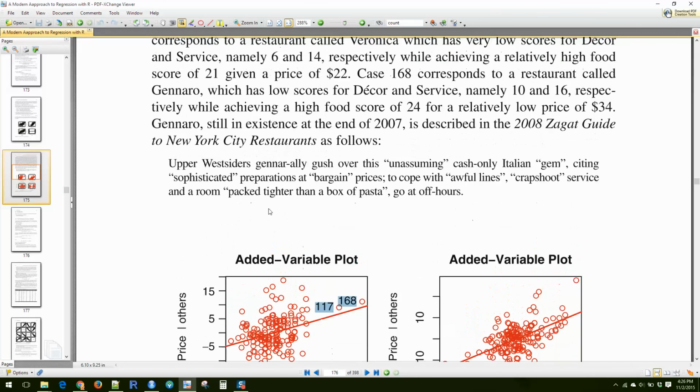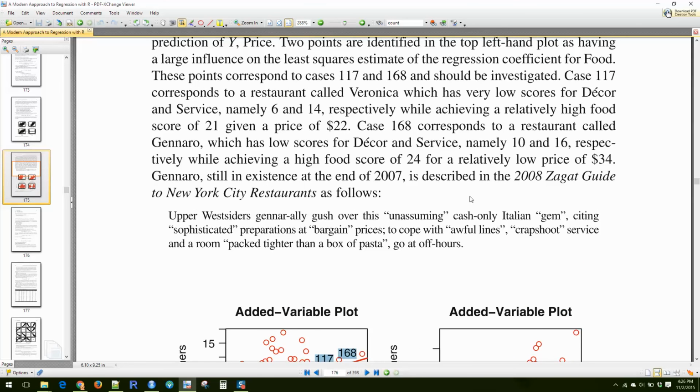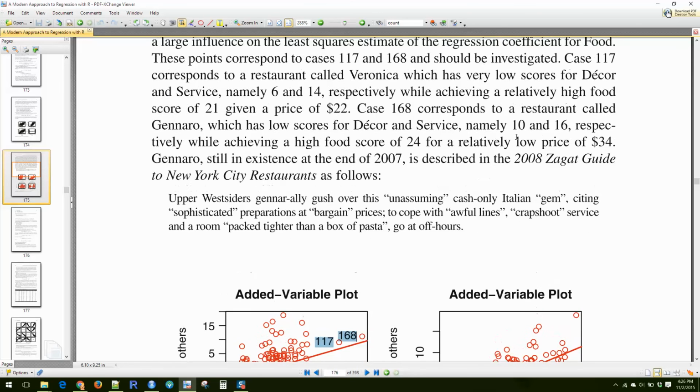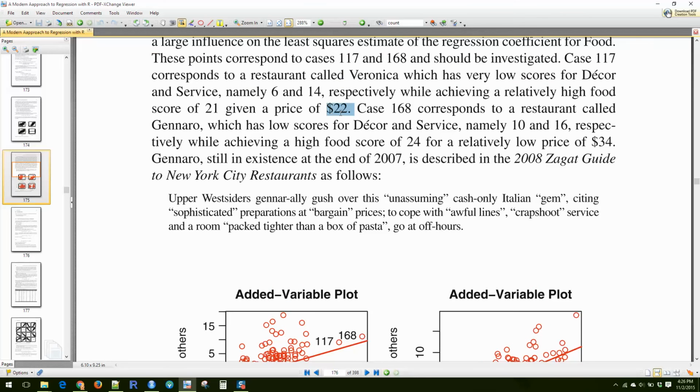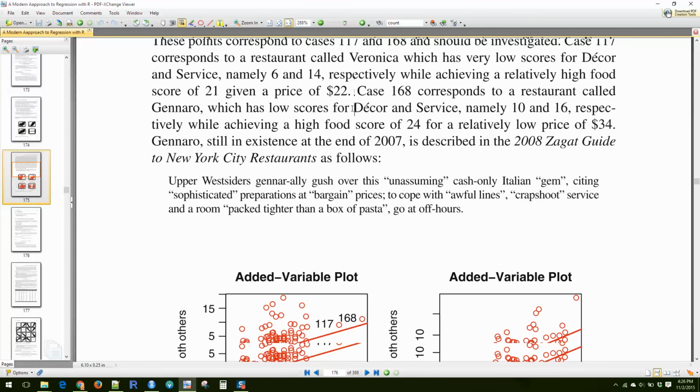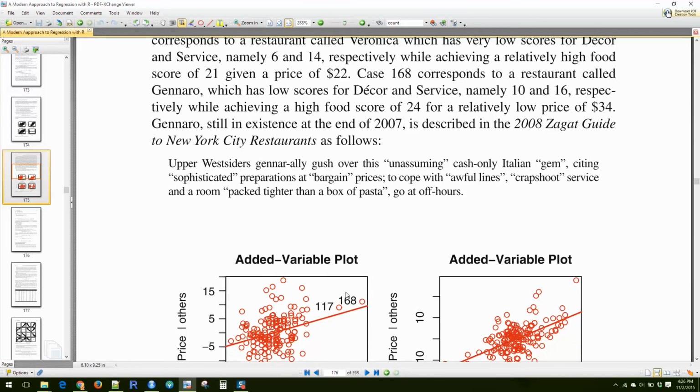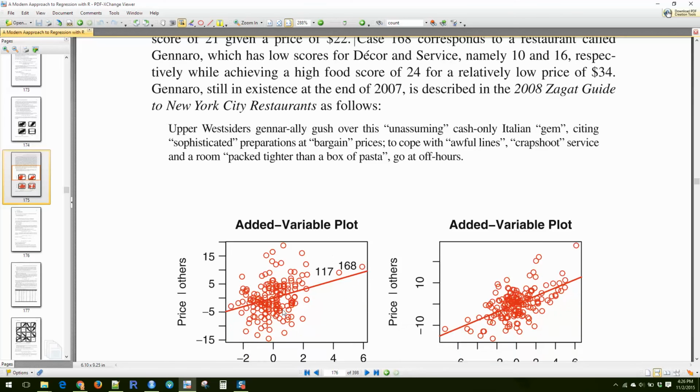In fact it does say that case 117 was a restaurant called Veronica, which had very low scores for decor and service. However, they had a high food rating with, I guess, a moderately high price that put their residual up here for price.